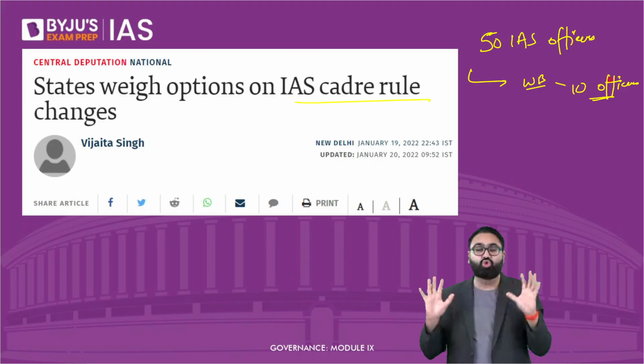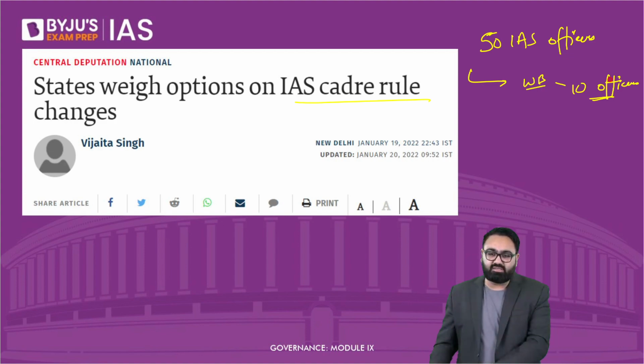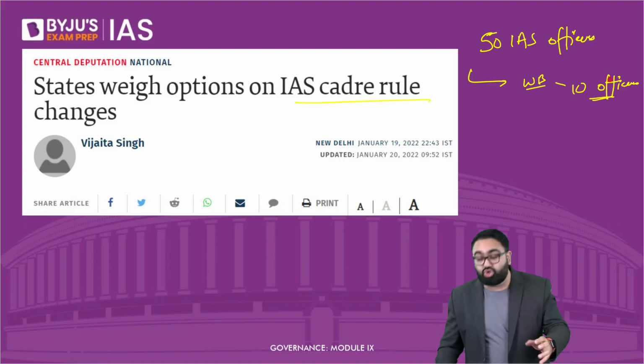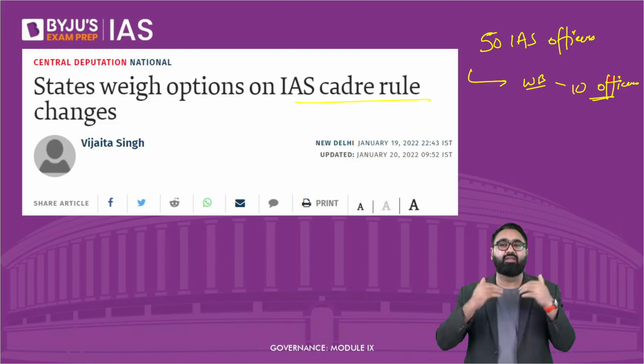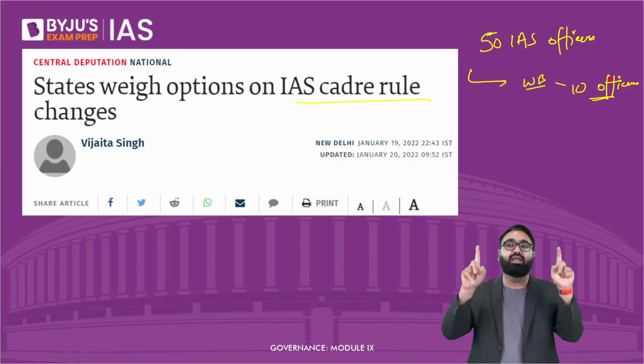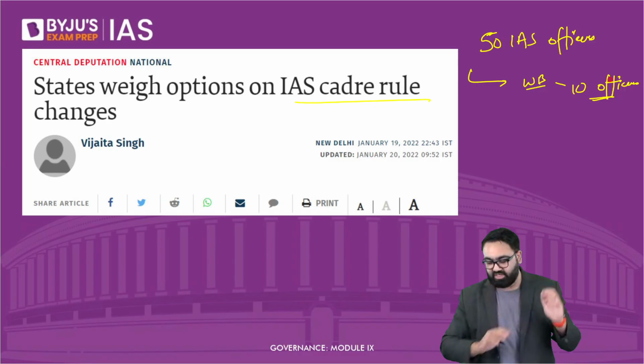This is the usual thing, that the central government asks the state governments. The state government then passes on the message to the officers. Those who voluntarily say that I want to go are taken up voluntarily, and on the basis of that, you go to central deputation.